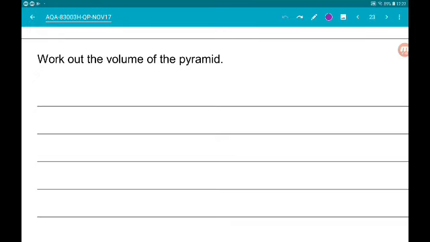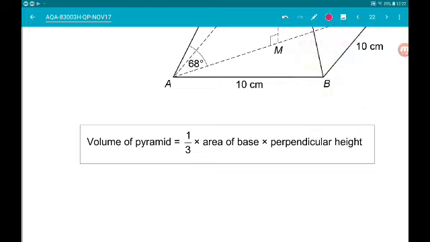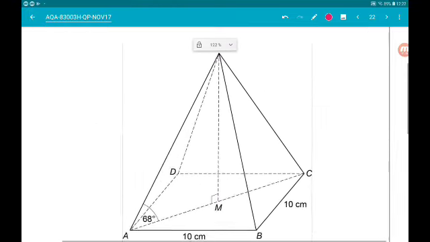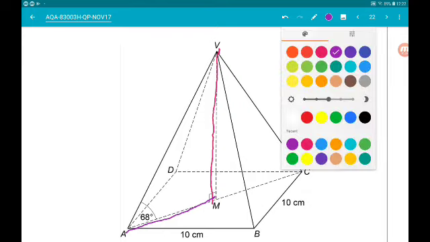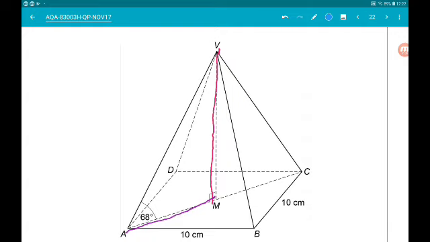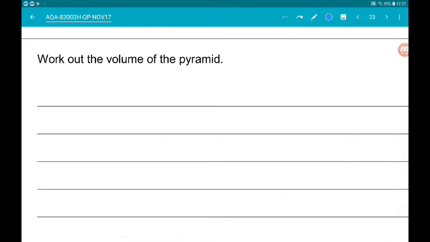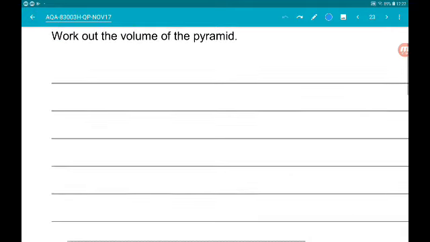Okay, so first up, we've got this right-angled triangle. So we got V down to M. We've got M over to A. And then we've got A to V. So let's pull out a sketch of that triangle.